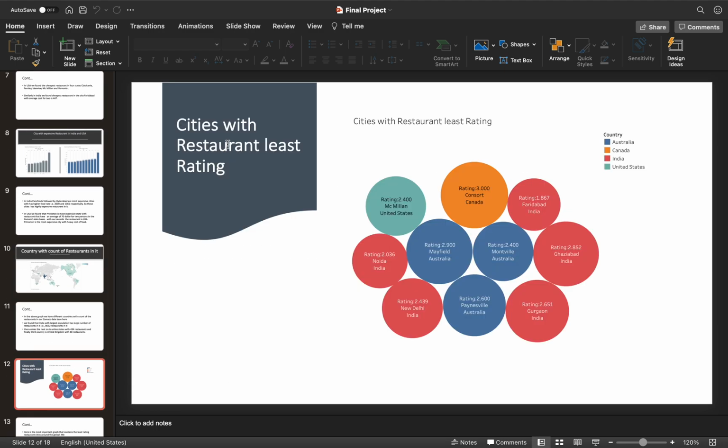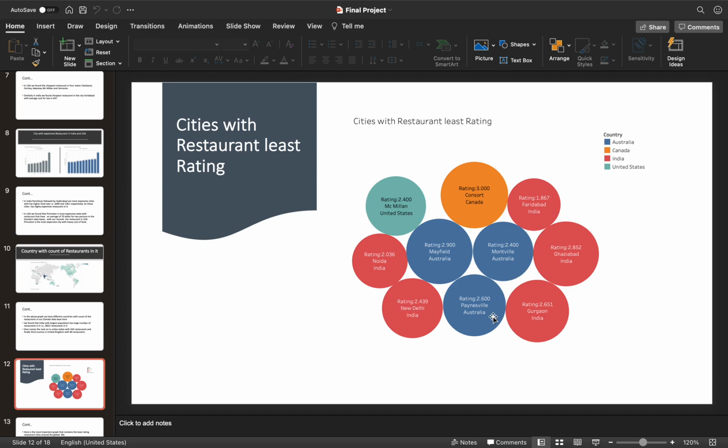Next, the city with the least rating. We looked at all the restaurants over the globe and found the ones having the least rating. In India, we have five places where the rating is 2: New Delhi, Noida, Gurgaon, Ghaziabad, and Faridabad.